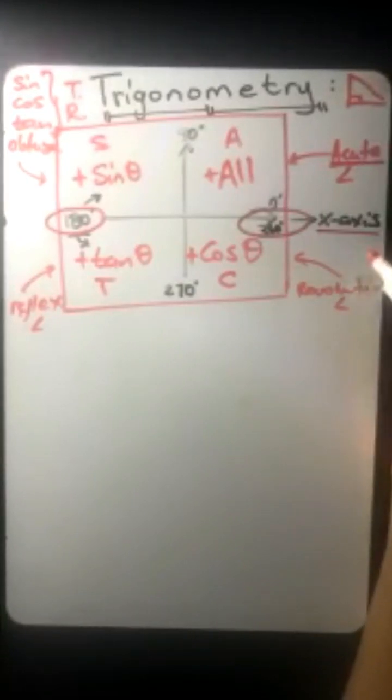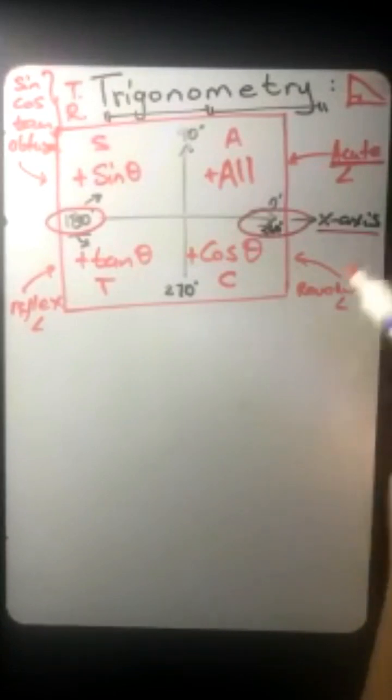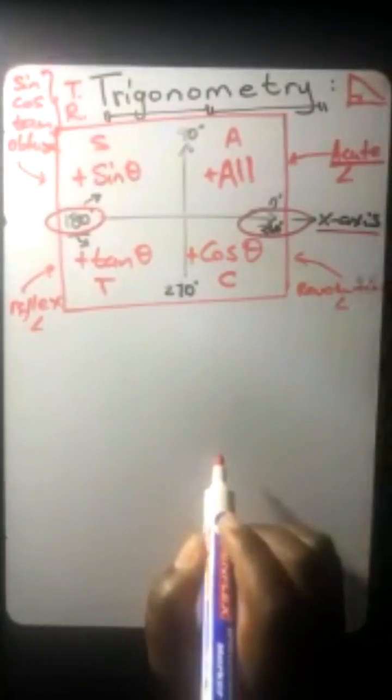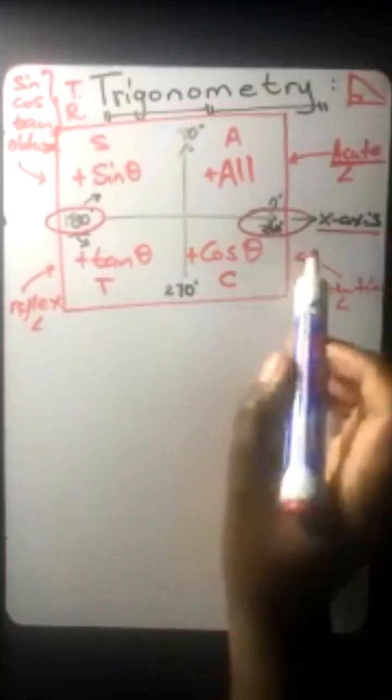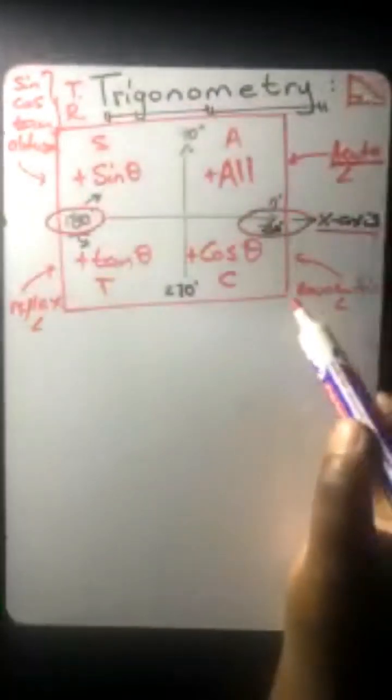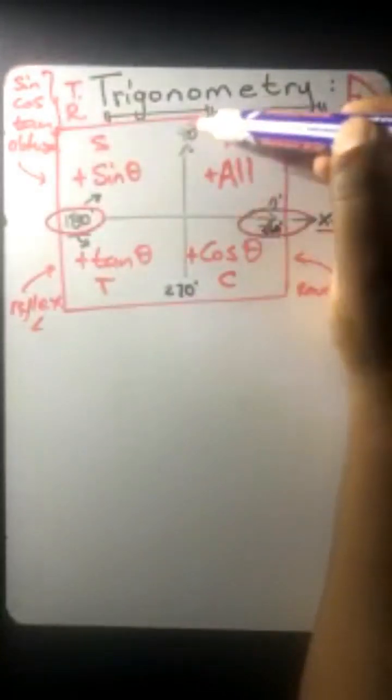Just to quickly take you through what I was discussing with our judges. I was saying we are looking at reduction formula along the x-axis. Later, we will look at reduction formula along the y-axis.